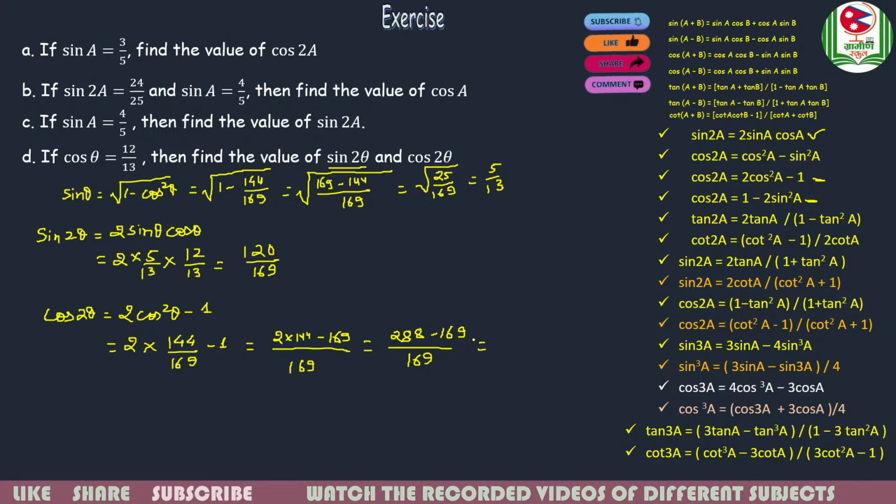So the result is 119 by 169. So we have obtained cos 2 theta also.